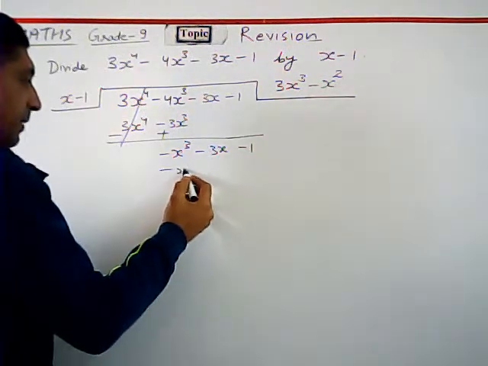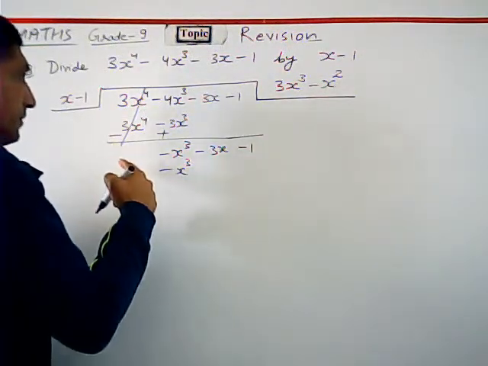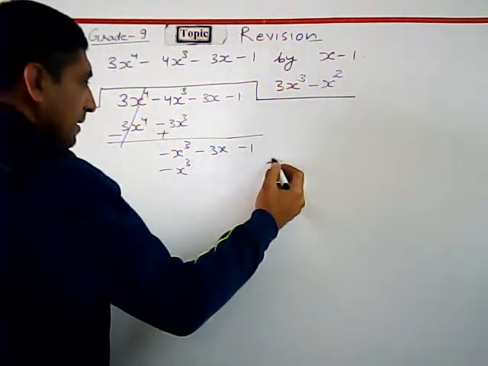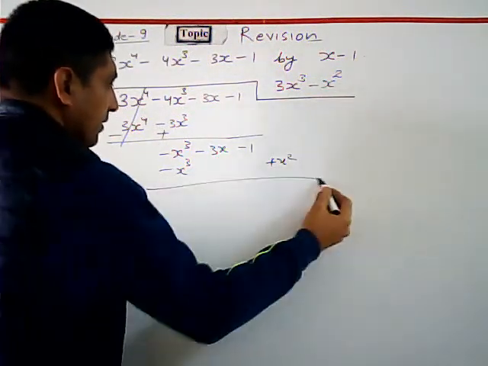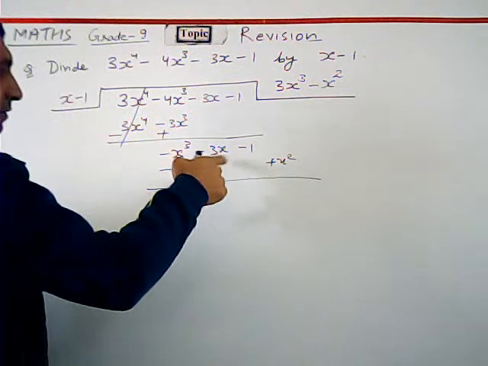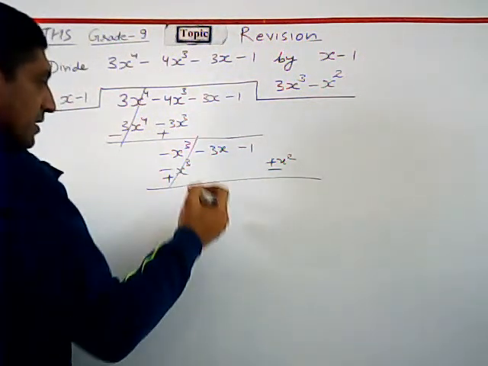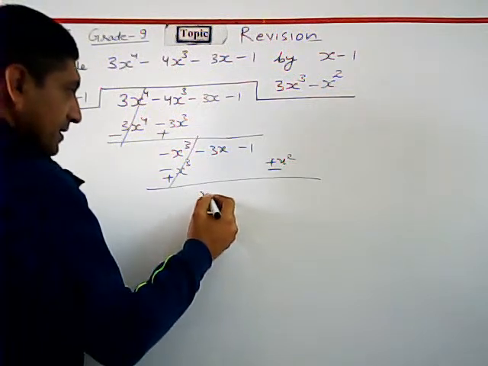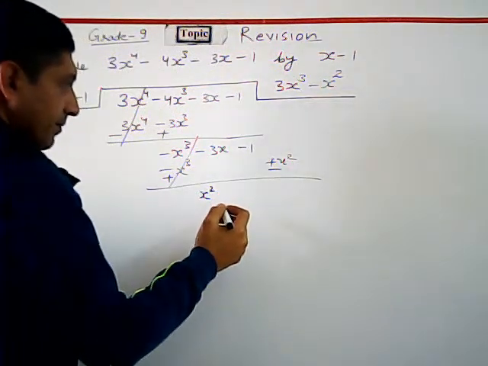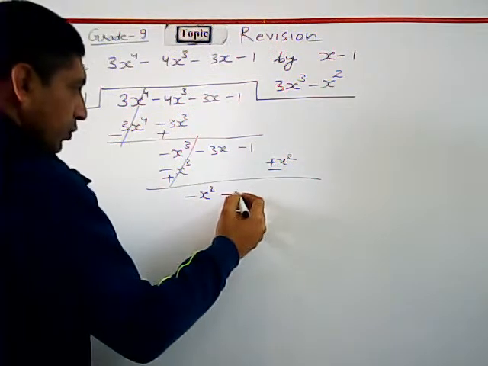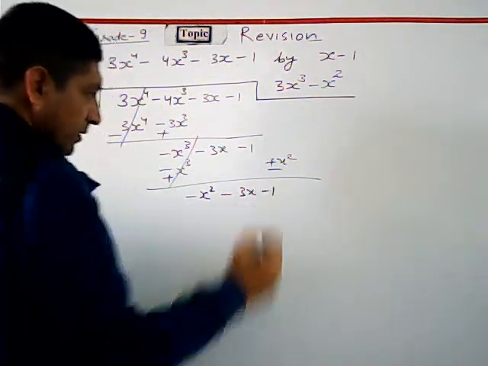So we will get minus of x^3, minus minus is plus x^2, right? Because we don't have any term of x^2, when it will add, we will subtract. So we have minus x^3 minus 3x minus 1.